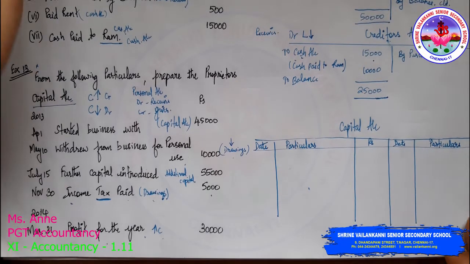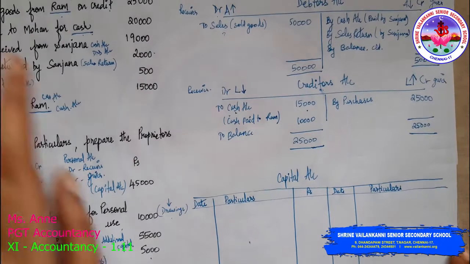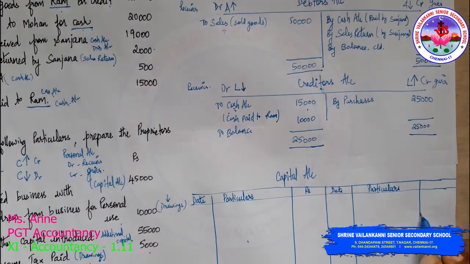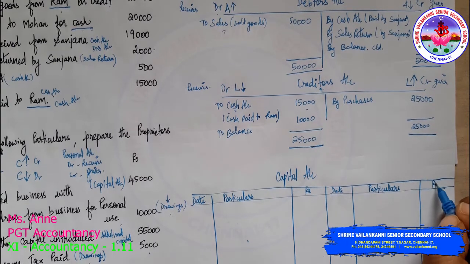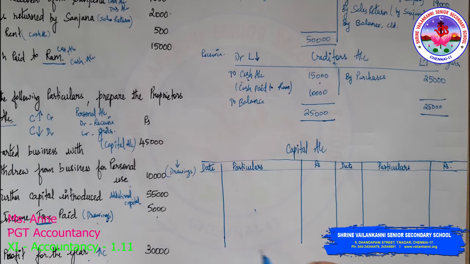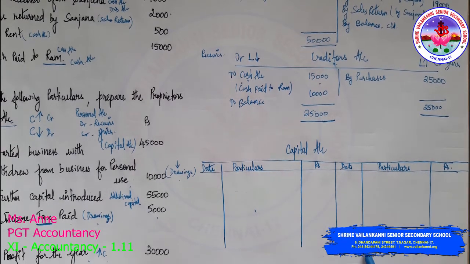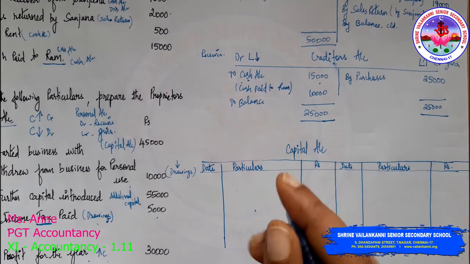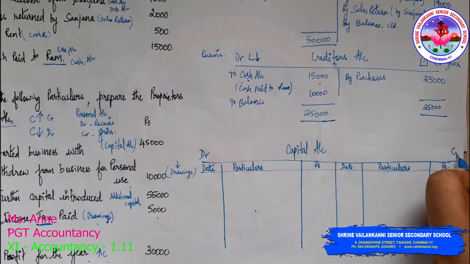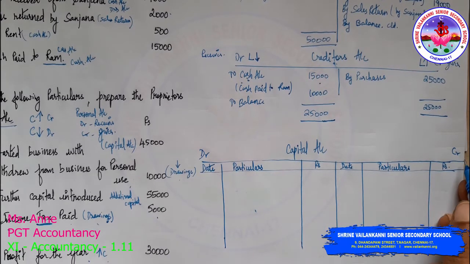I hope that you are able to see particulars and rupees. Okay, so this is an account. We'll try to balance this account once we have entered all the items. So for an account, always the left side will be debit and right side will be credit.